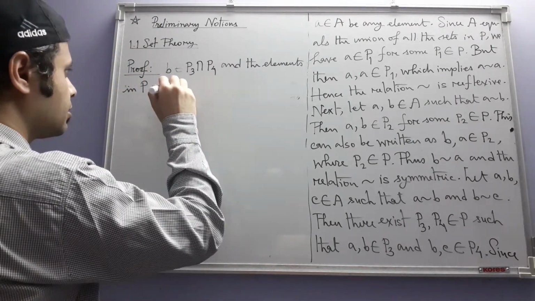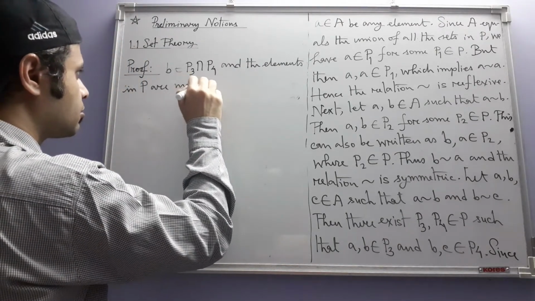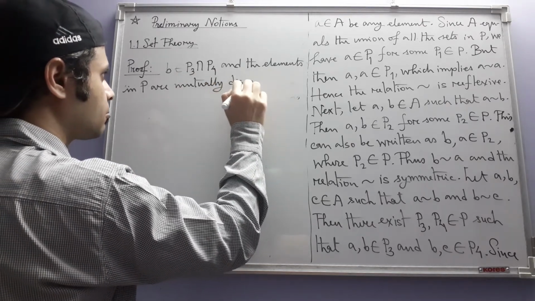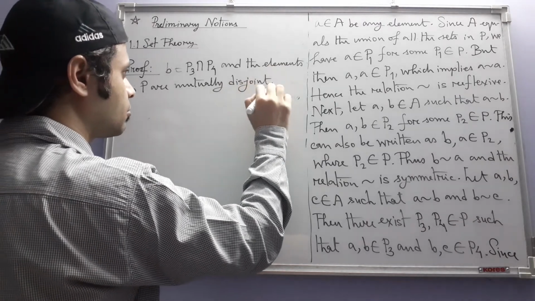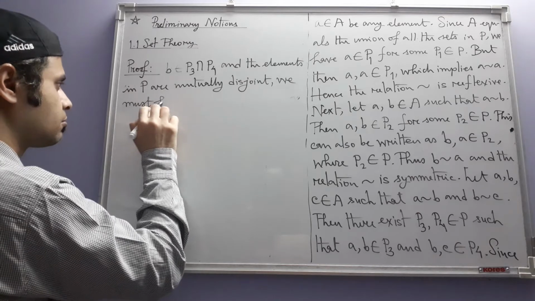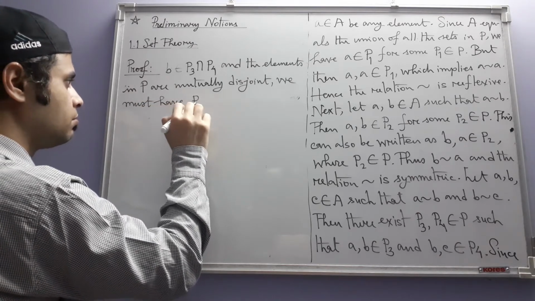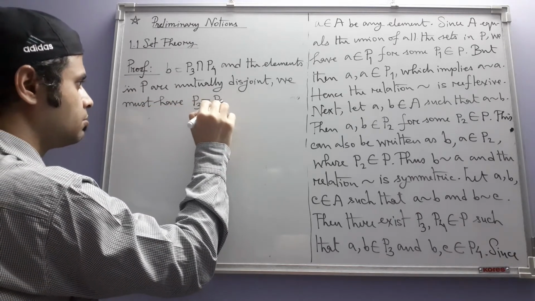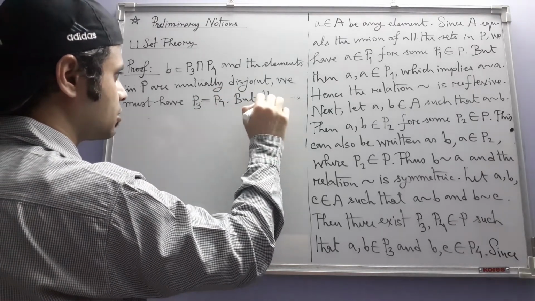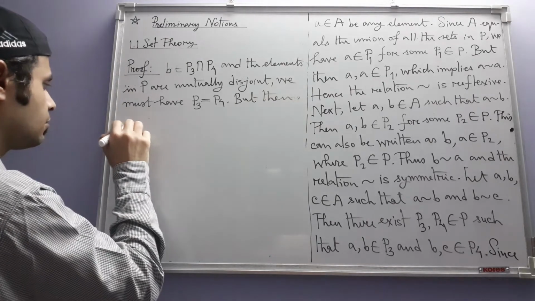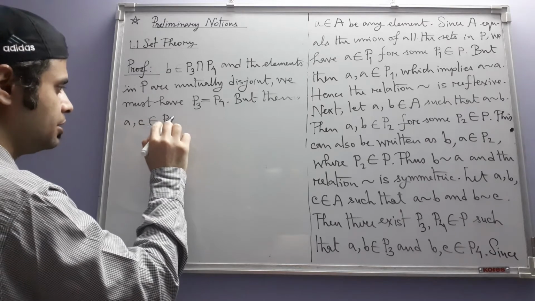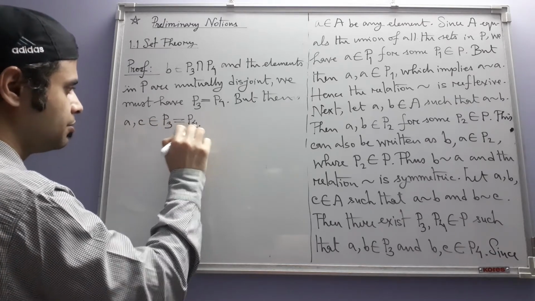Elements in P are mutually disjoint, so we must have P3 is equal to P4. But then a and c both belong to P3 which is nothing but P4.